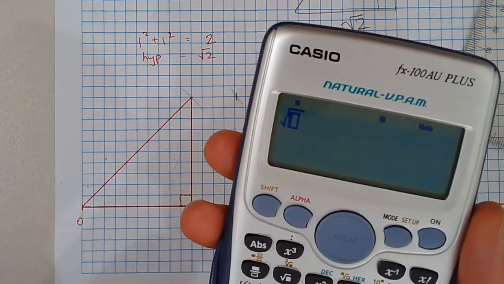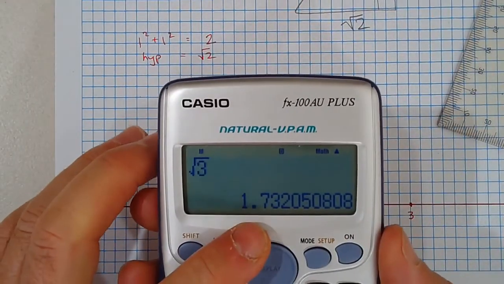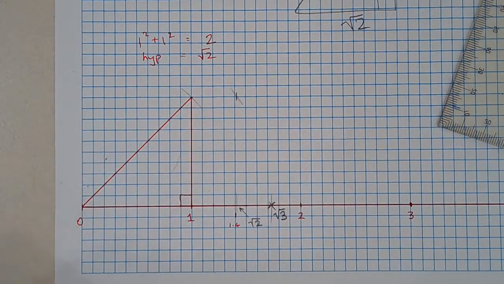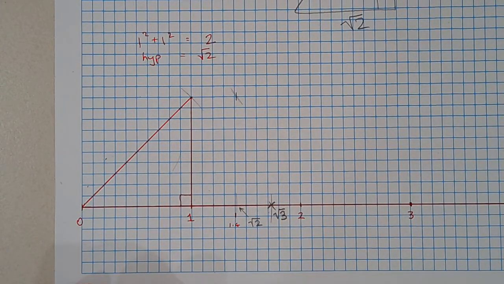So let's check that. Yeah, 1.732. So does that land where it should have landed? There's 1.4, 1.5, 1.6, 1.7, and that's about 1.73. So it's about right. It does correlate with our estimate for square root of 3.